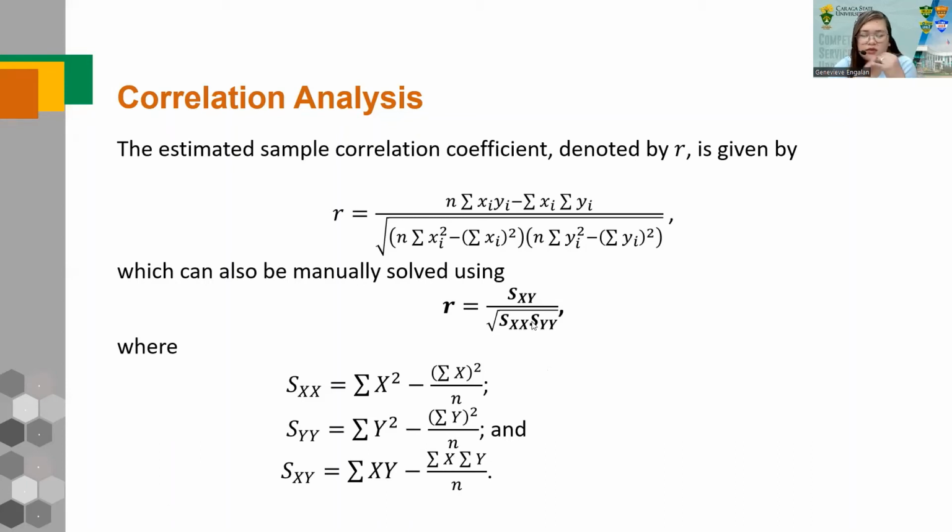So, inyong memorizon, ang formula ni A, ni B, ni R, ni Sxx, Syy, and Sxy. So, unong kabuok inyong memorizon? A, B, R, tulo dayon ka S. Memorize as early as possible para dili makalimot during sa exam.